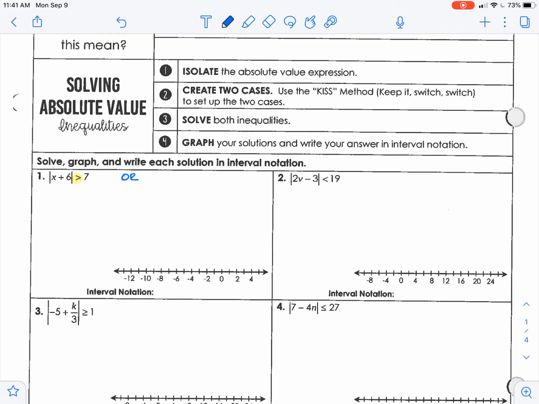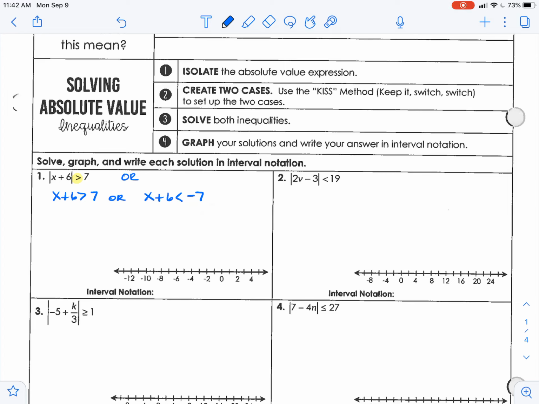We're going to have x plus 6 is greater than 7. I'm just going to repeat my original equation, or, and we do put that in there, and then it's going to be x plus 6, and we want the negative 7, so we flip the sign, because we have to follow our rule that if we make it negative, we flip the sign.